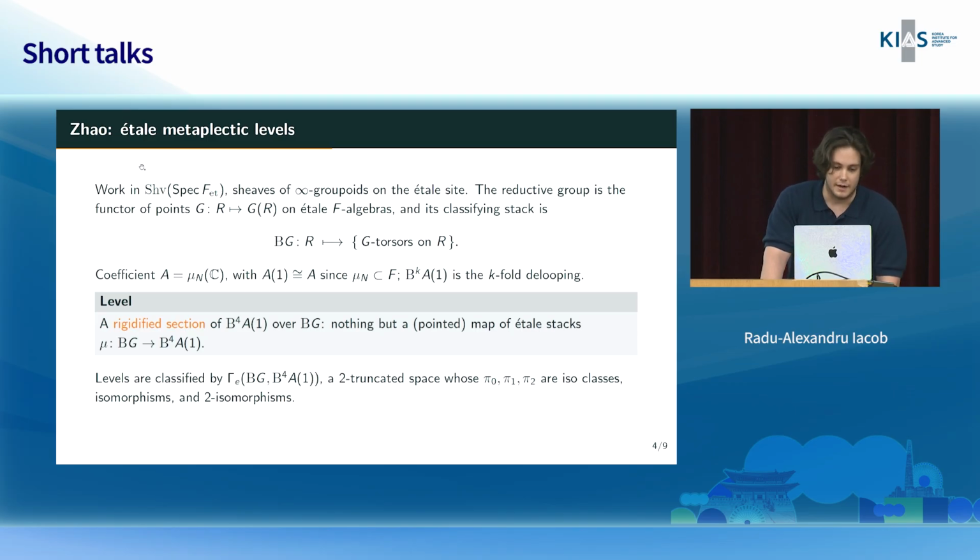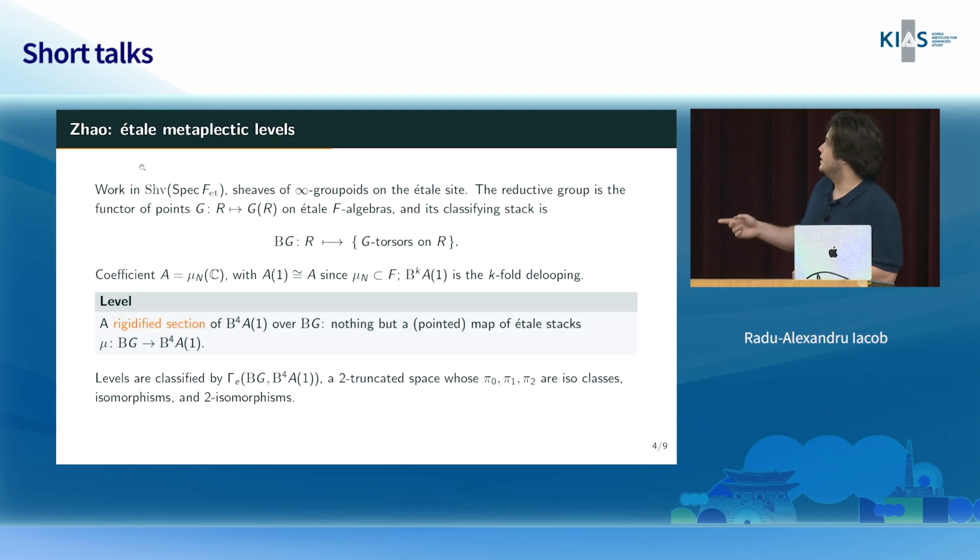OK. And now things get a bit more complicated here. Kaletha's paper is very concrete, but when we go into Ife's paper, you need to work with a bit more machinery. So I'm not sure exactly how to motivate this, but here everything is a sheaf of groupoids on the étale site of Spec F. These groupoids can have some kind of group-like structure or some kind of commutativity.